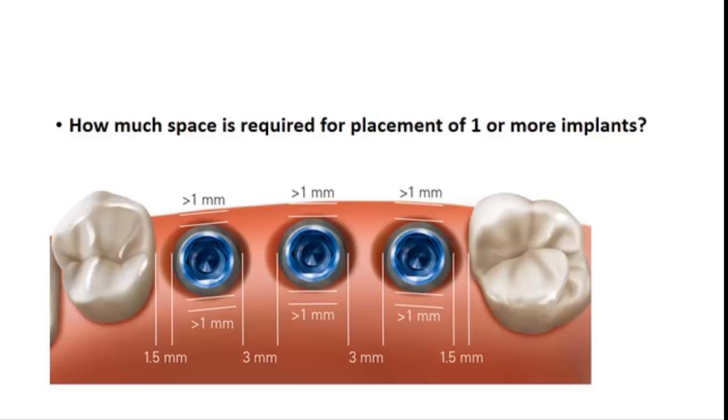You see in the diagram, the space between a natural tooth and an implant should be a minimum of 1.5 mm. The distance between two implants should be a minimum of 3 mm. And at least 1 mm of bone should be covering in and around the implant.